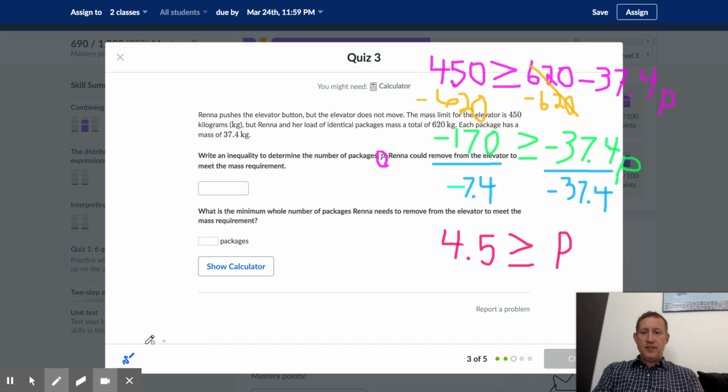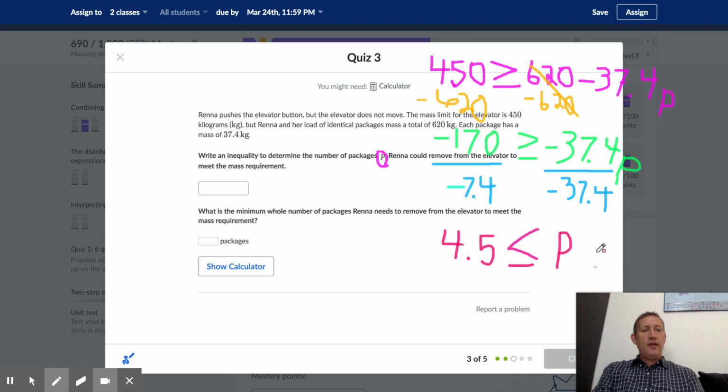What happens when we divide by negative, guys? What do we have to do with our inequality? We have to flip it. So I wonder if there's a way to grab it and flip it around. Well, I'll just erase it instead. And what we're going to end up with is a greater than or equal to p.